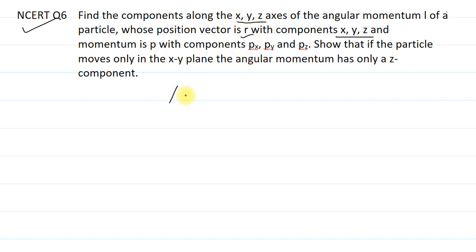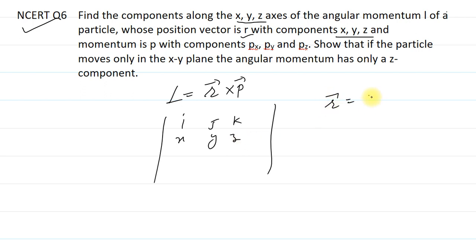As we know, angular momentum L is equal to r vector cross p vector. So we have to find out the components of L: x component, y component and z component. It can be derived as a determinant of i, j, k, and the value of r is written as x, y, z, because your r vector is simply written as x i cap plus y j cap plus z k cap.